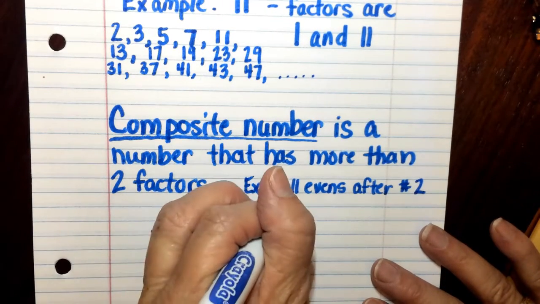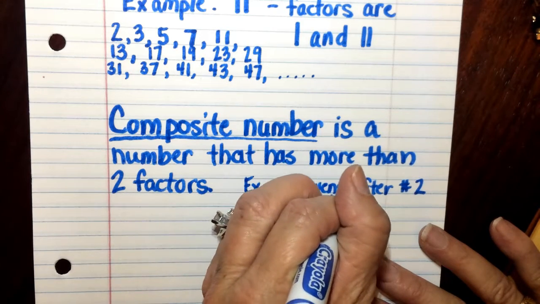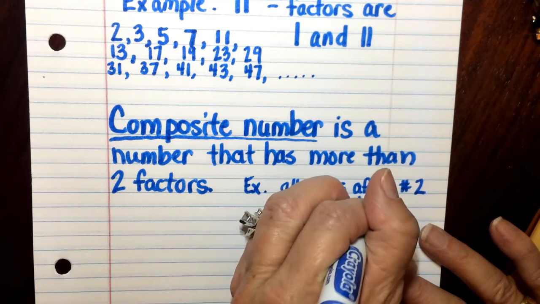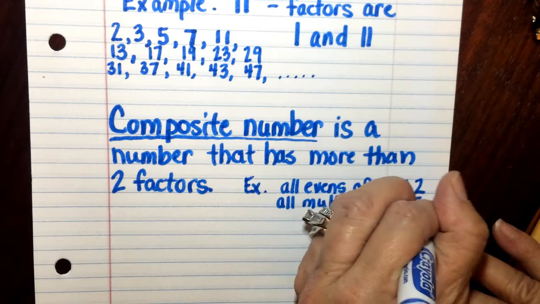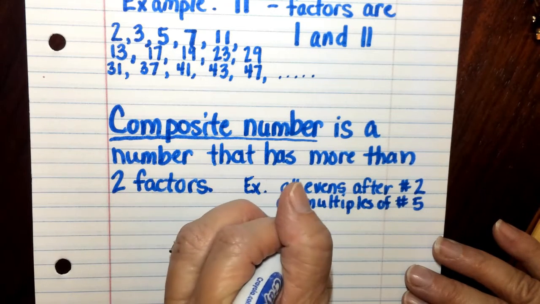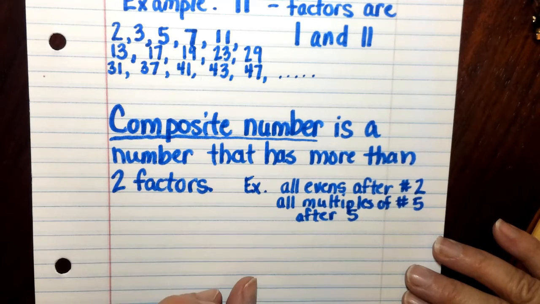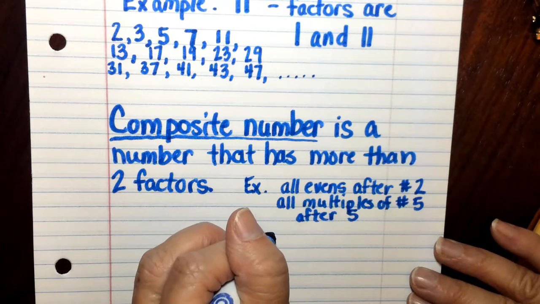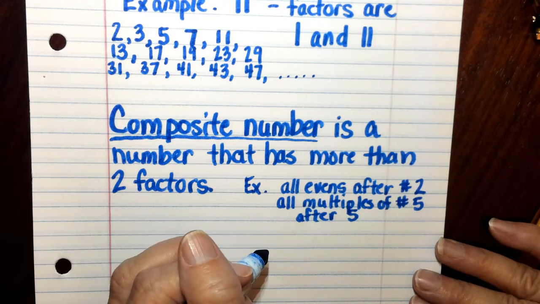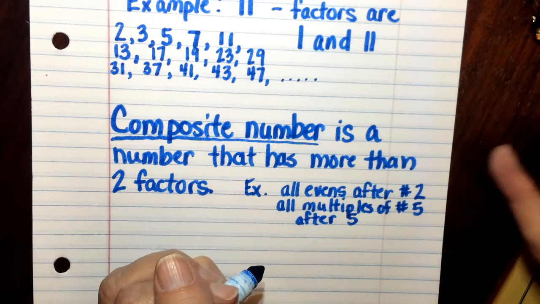That would be all multiples of 5 after the number 5. And that would be odd numbers that have more than 2 factors.